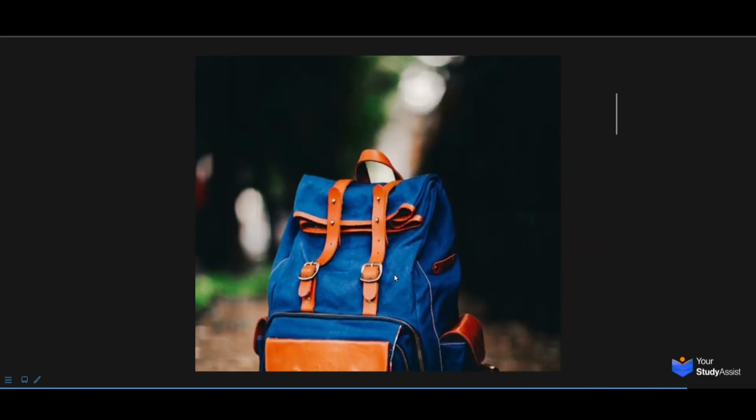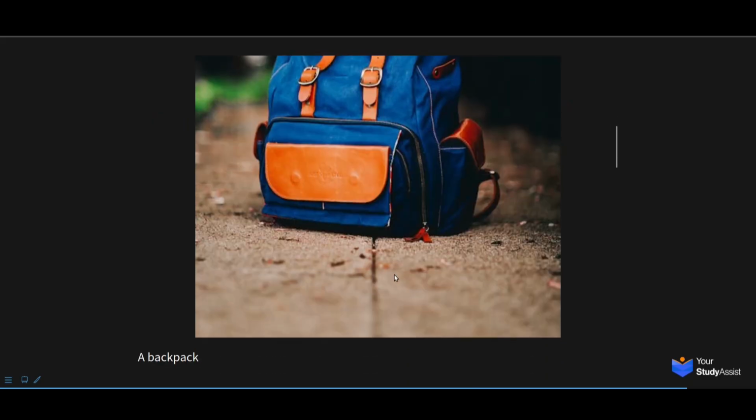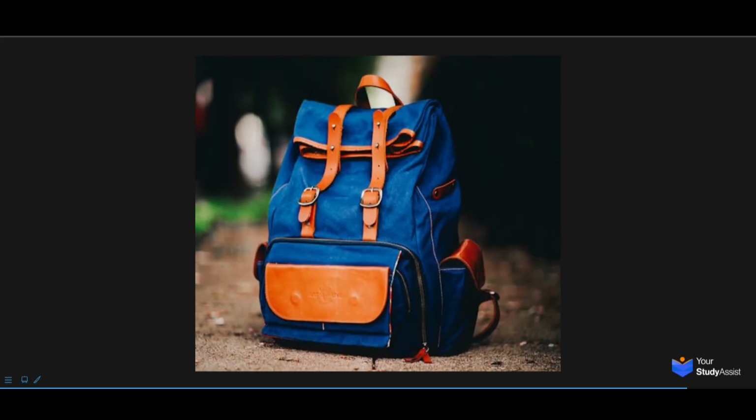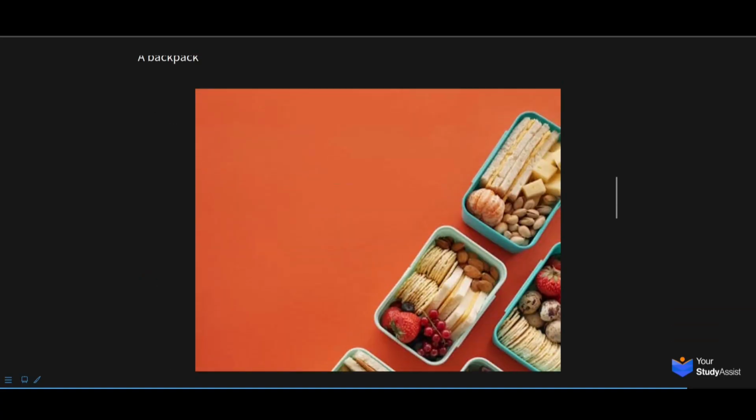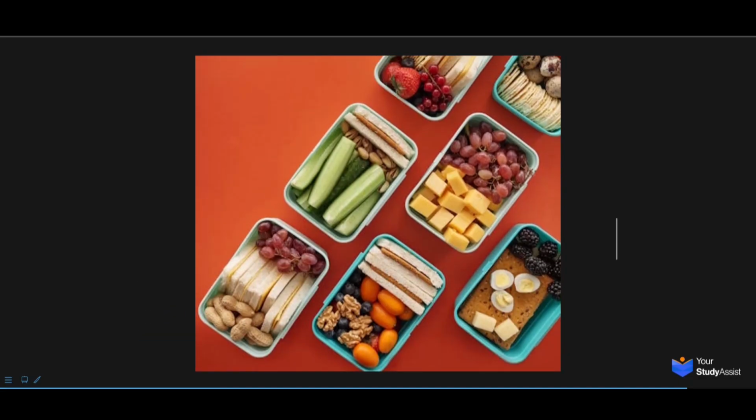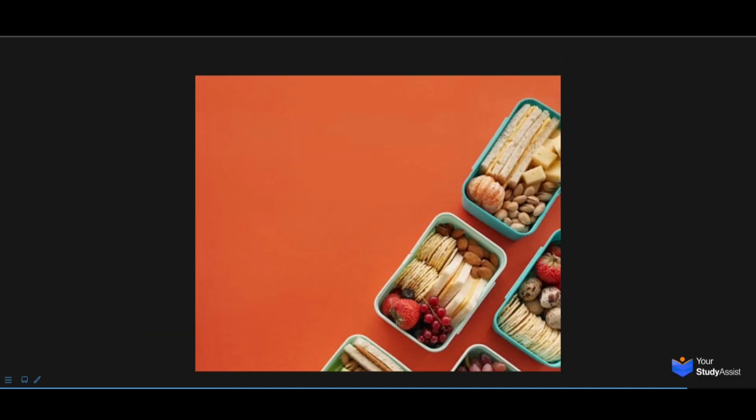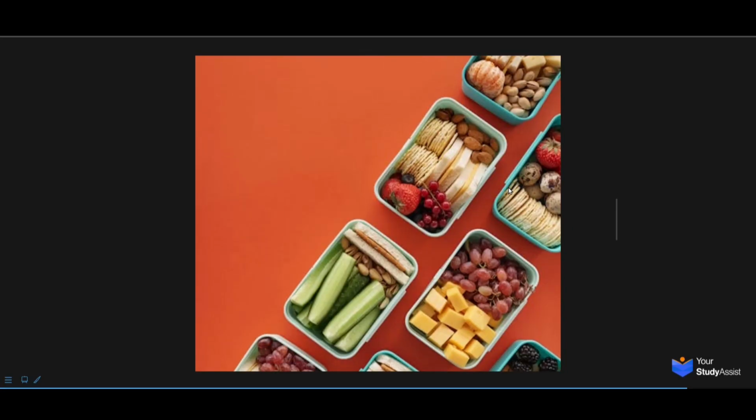So a good example of a list is our school bag. Our school bag can contain our water bottle, it can also contain books, pen, and other different things that fit into your backpack. Another one is our lunchbox. Our lunchbox contains different types of food, fruits, sausage.